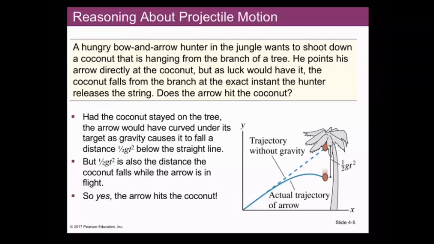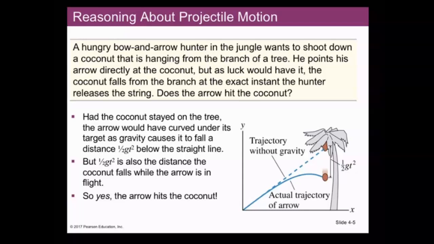Had the coconut stayed on the tree, the arrow would have curved under its target as gravity caused it to fall a distance 1/2 gt squared below the straight line. But 1/2 gt squared is also the distance the coconut falls while the arrow is in flight.